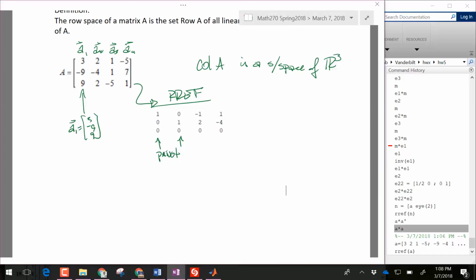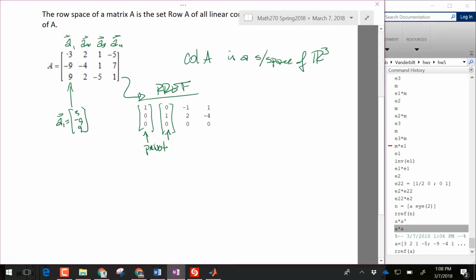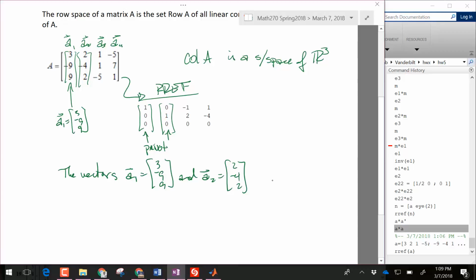And so those pivot columns will correspond to these 2 vectors from the original matrix, A1 we called it, 3, minus 9, 9, and A2, 2, minus 4, 2, are linearly independent.